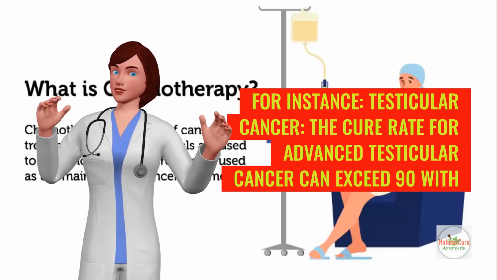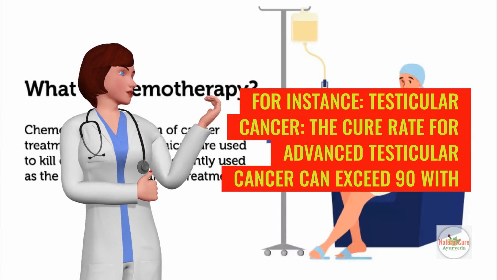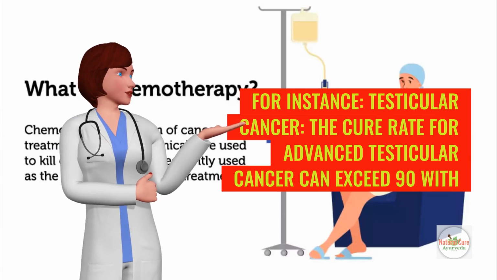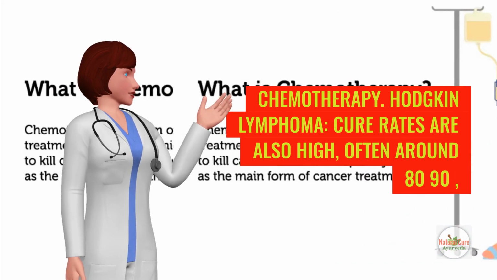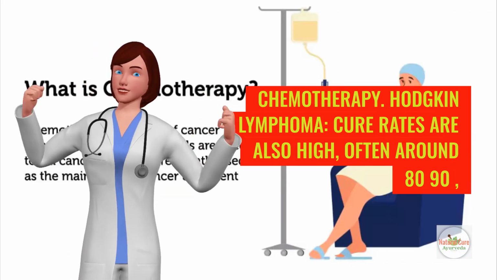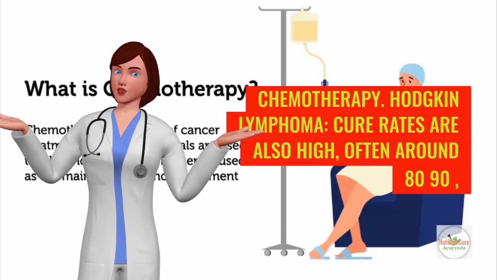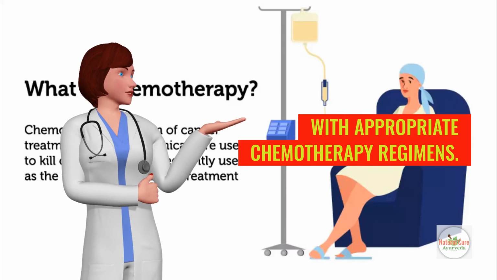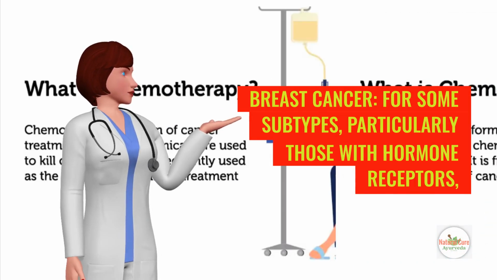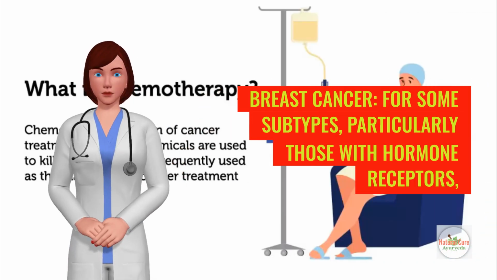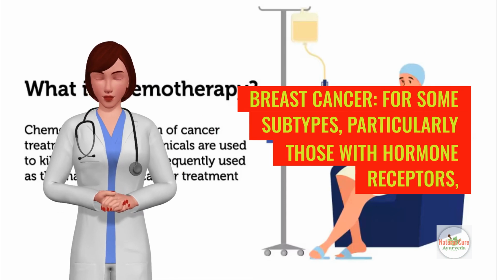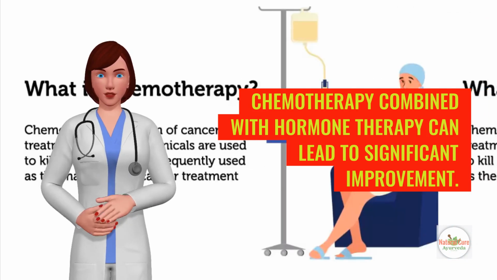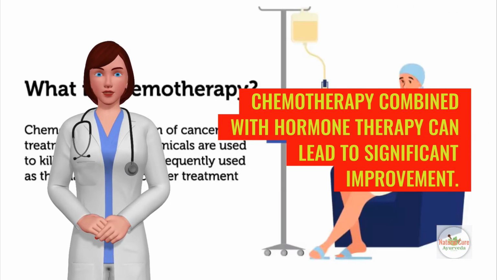For instance, testicular cancer. The cure rate for advanced testicular cancer can exceed 90% with chemotherapy. Hodgkin lymphoma. Cure rates are also high, often around 80–90%, with appropriate chemotherapy regimens. Breast cancer. For some subtypes, particularly those with hormone receptors, chemotherapy combined with hormone therapy can lead to significant improvement.